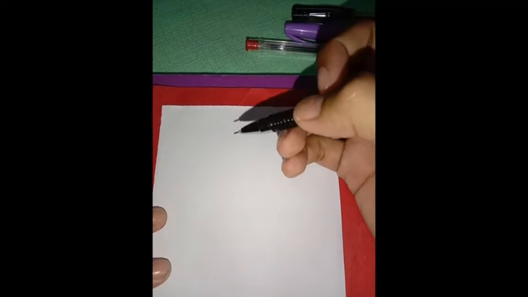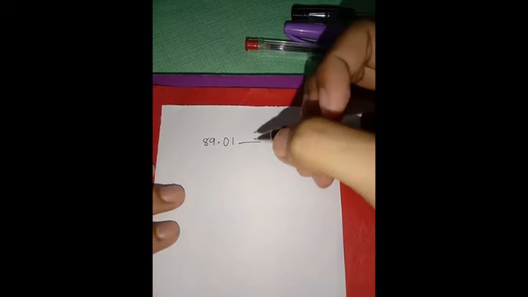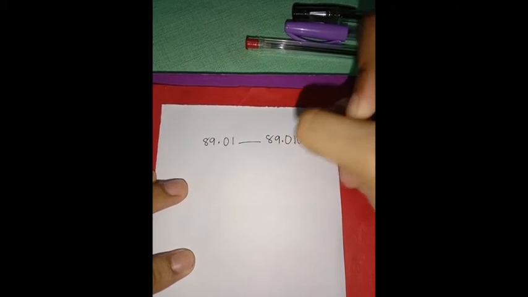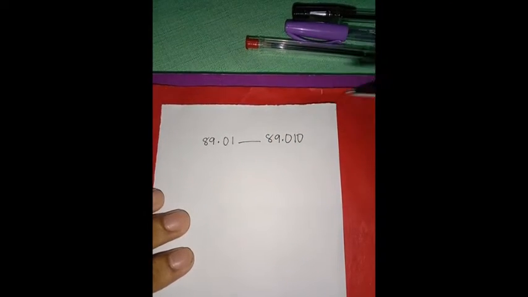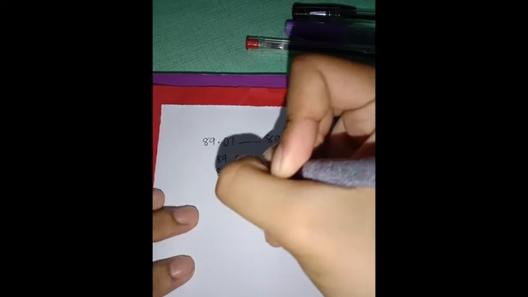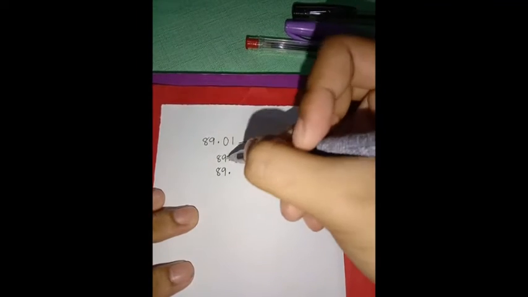Okay, so let's have another example. What if I have here 89 and 01 compared to 89 and this. First we will arrange it into vertical. It is easier if we make it vertical. Make sure that the place values are aligned, and the same with the decimal point.